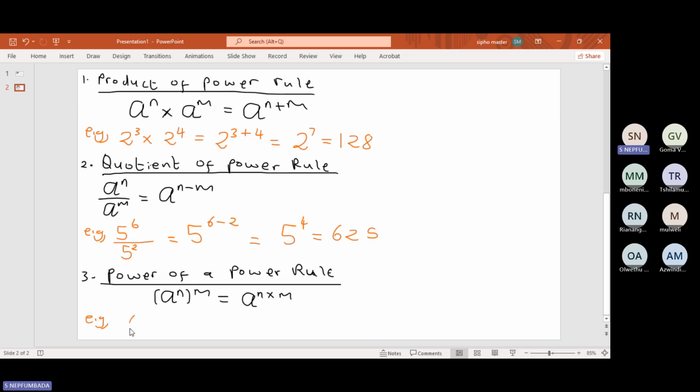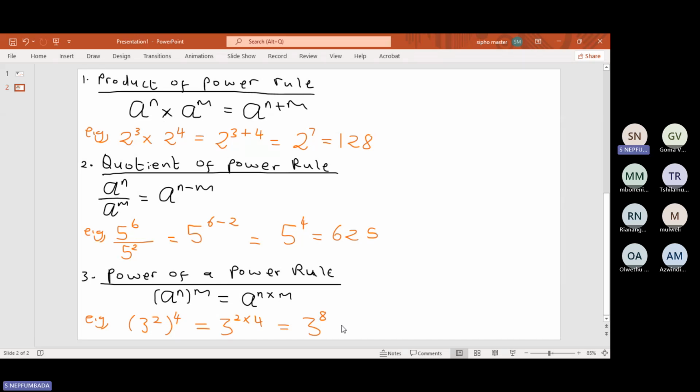As an example, we have 3 to the power of 2, by the way, and we raise it to the power of 4. Then this is going to be equal to 3 to the power of 2 multiplied by 4, which is 3 to the power of 8. Is that so?